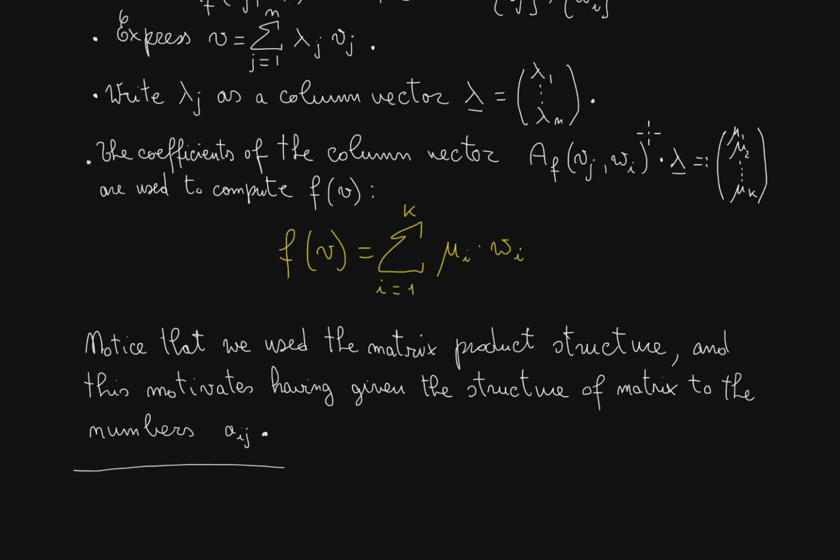Basically because the action of f can be recovered as left multiplication of the vector that replaces the vector of which we want to find the image. And if we had not collected the numbers a_ij in matrix form, we could not use this kind of algebraic structure to describe the image of v through f.